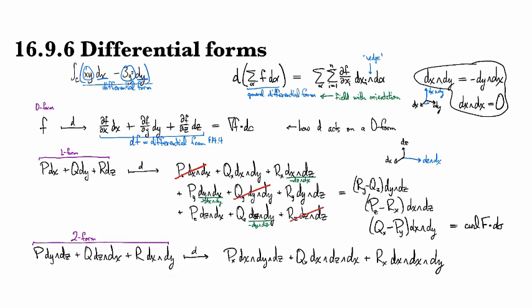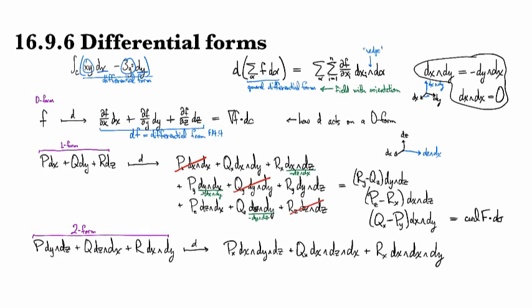Okay, and so that's the first thing in our summation that we get from doing d/dx. And then we're going to have the stuff that we get from doing dy.